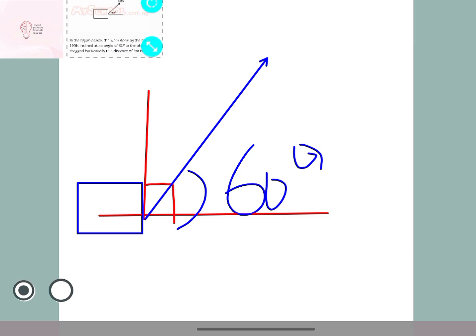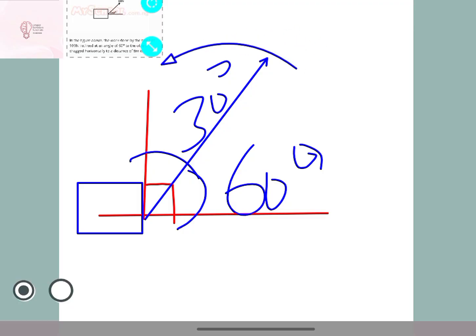Okay, so once you're trying to find the work done on an angle theta to the vertical, this is what you have to do. So this here is going to be what? Your 30 degrees.